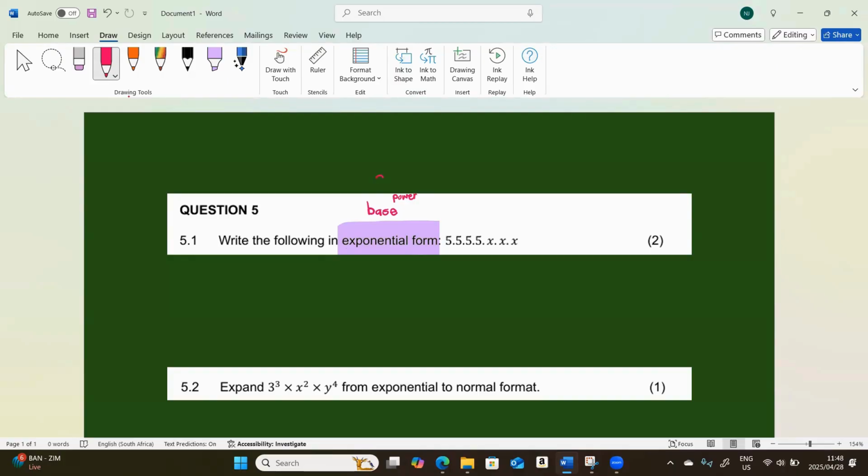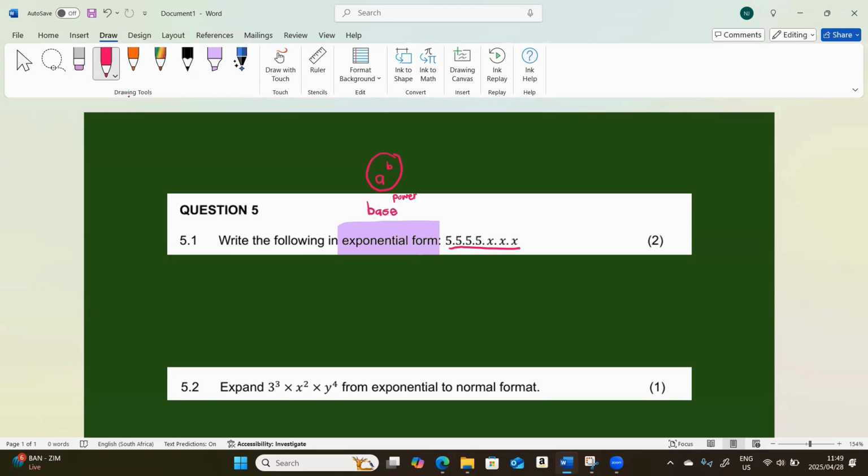For instance, a to the power of b. So that is an exponent. We need to write what they give us in exponential form. We don't want to see the normal format of a specific number multiplied by itself a few times.